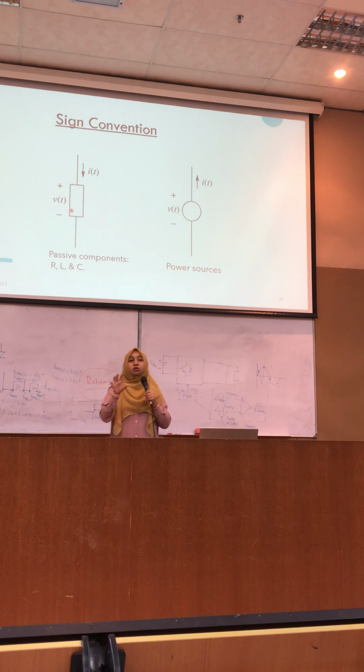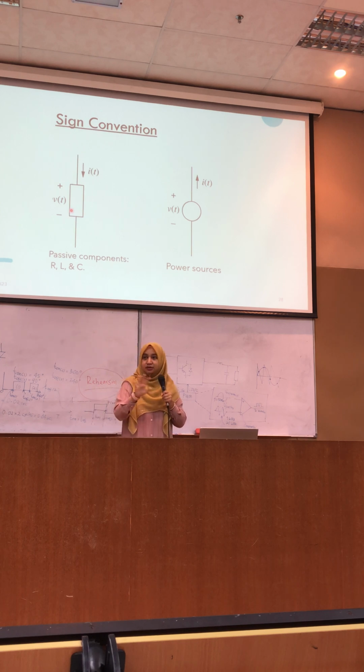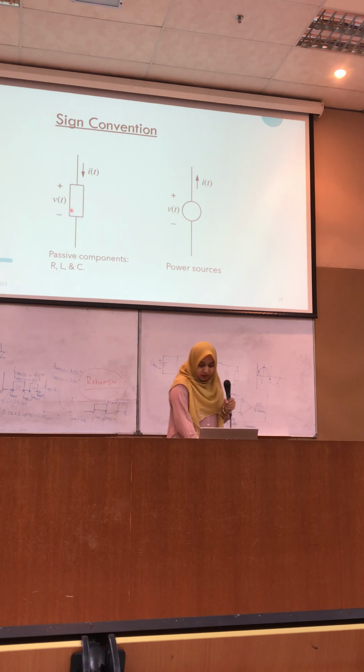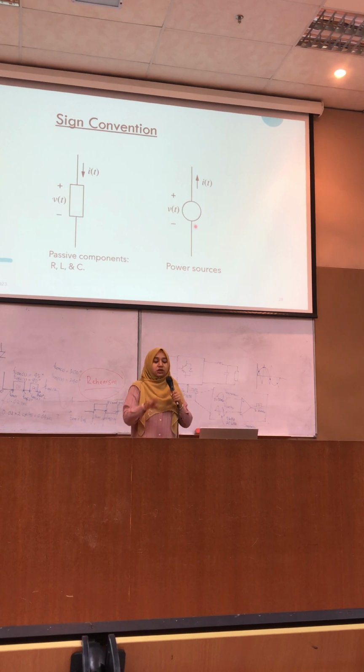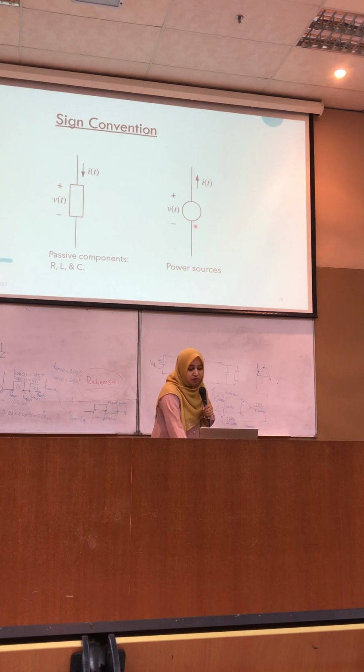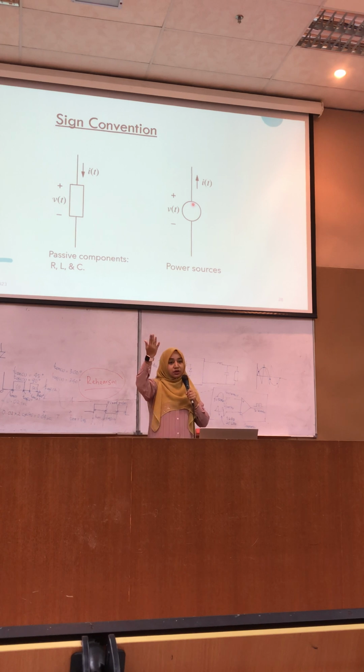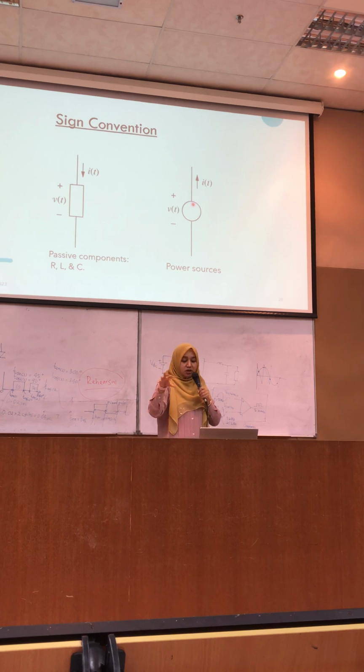Current is always measured in series, voltage you need to measure in parallel. For a power source, whether it's DC or AC, this is how you write the current flow. Current will go out, not in. For a passive component, the current goes into the component. For a power source, it goes out.